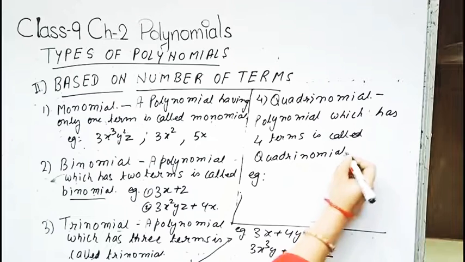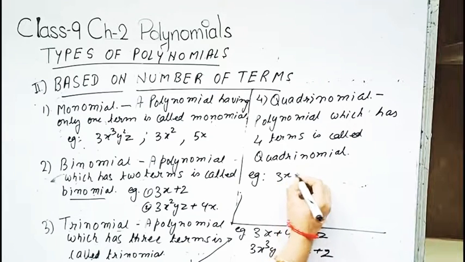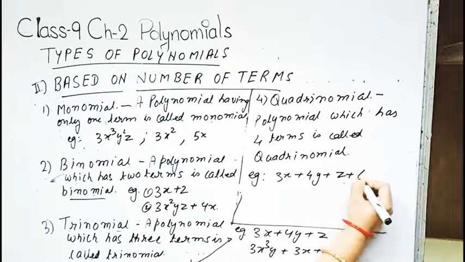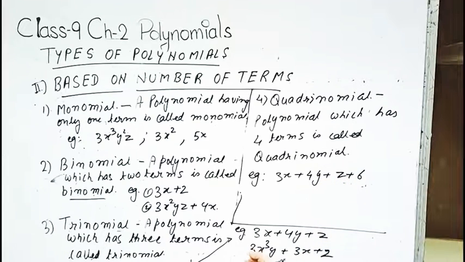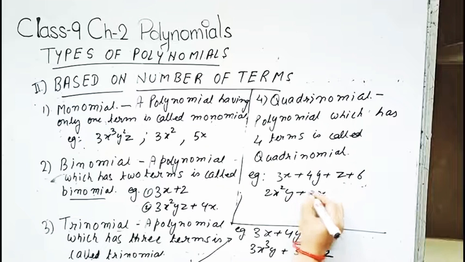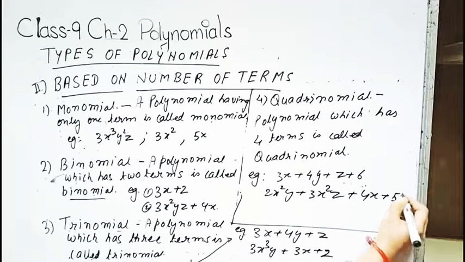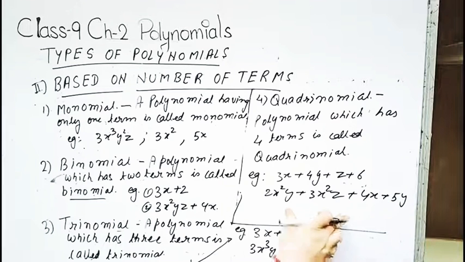For example, 3x plus 4y plus z plus 6 is a quadrinomial. In one more example, let us take 2x square y plus 3x square z plus 4x plus 5y. 1, 2, 3, 4. 4 terms, so it is a quadrinomial. If a polynomial has more than 4 terms, we do not name it, we simply say polynomial.